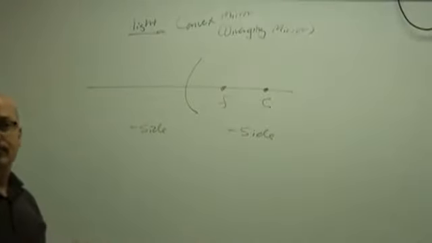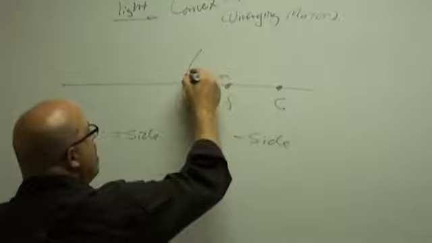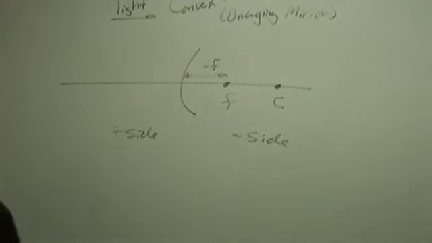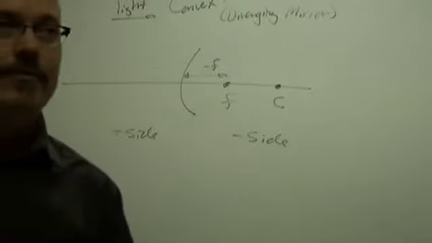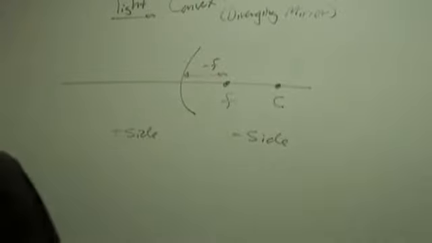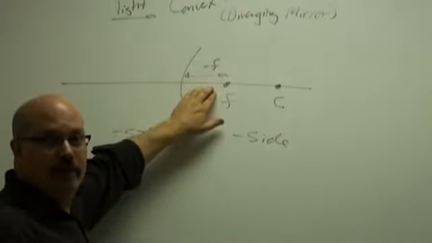That means that your focal length right here is a negative focal length. That's very important for when we do the math problems. Okay? Very important for when we do the math problems. All right. That's going to be really important. So mark negative focal length.